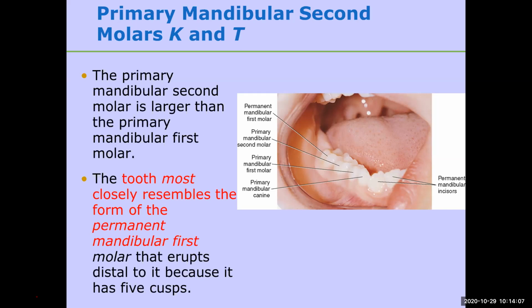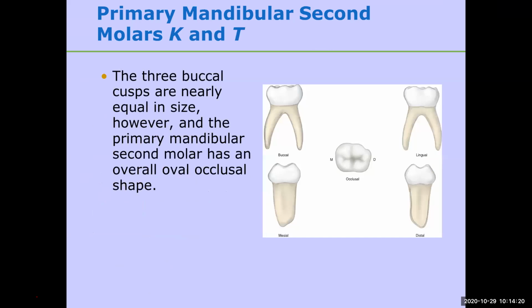The primary second mimics the permanent first. Okay, 3 buccal cusps, just a different picture. 1, 2, and then the distal. Mimics the second primary, mimics the permanent first.